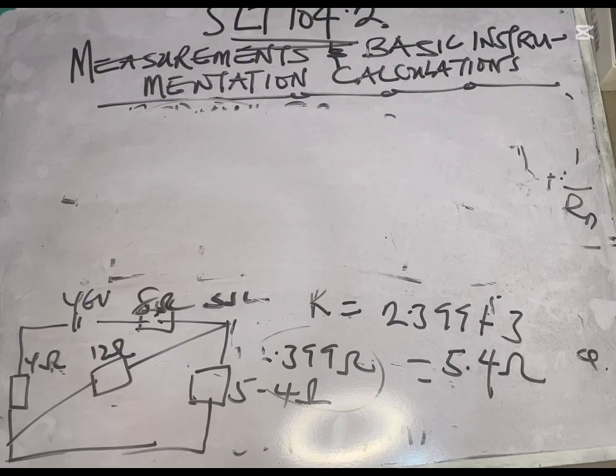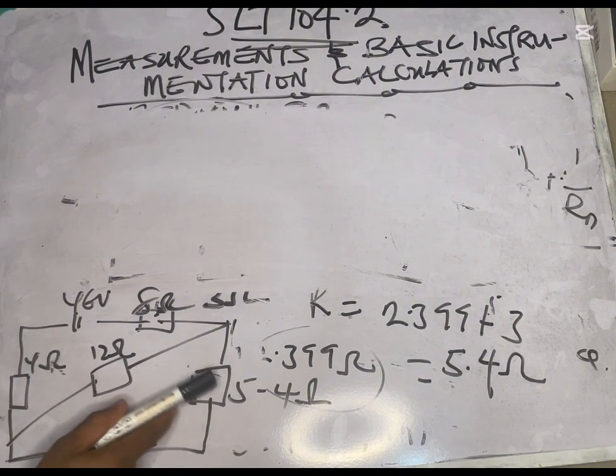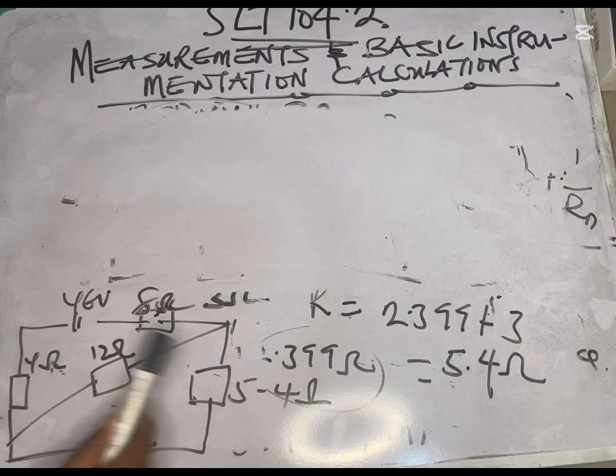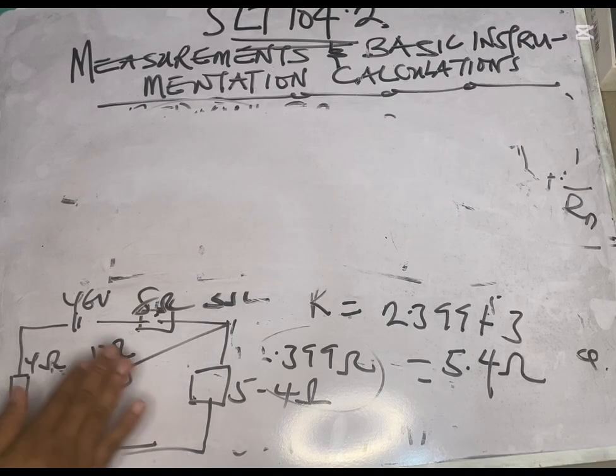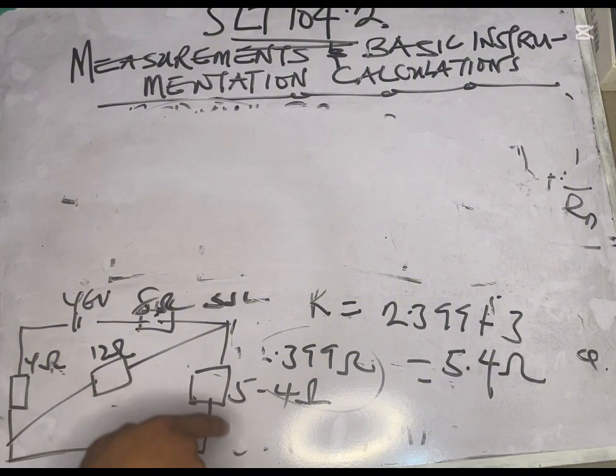So it's important to remove this diagonal so we can have a clearer picture of it. Basically these 12 ohms and 5.4 ohms are in parallel, they are parallel to each other. So we have to resolve our 12 ohms and our 5.4 ohms that are parallel to each other.